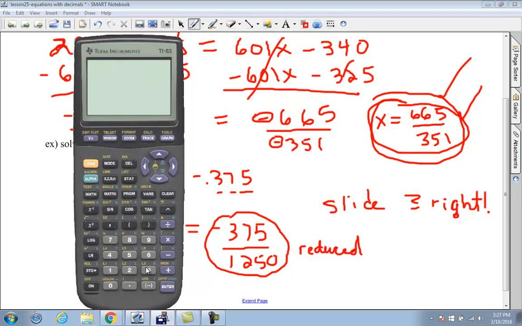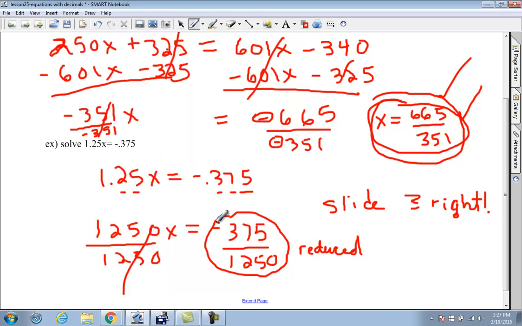I'm going to kind of cheat. So 375 divided by 1250. I hit enter, and then obviously that's 0.3, but then I hit math frac 3/10. So that's going to reduce down, and then it's negative, so it's going to reduce down to negative 3/10. And you can give me decimal or fraction form of your final answer. Either one is fine.